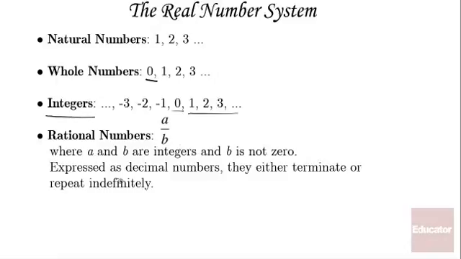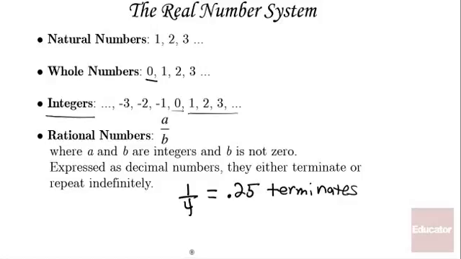And when a rational number is expressed as a decimal, it's either going to terminate or repeat indefinitely. For example, if I have the fraction 1/4, I can express that as a decimal, 0.25. And this clearly terminates. It has an end.